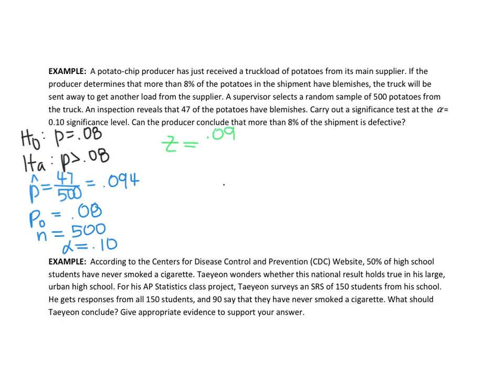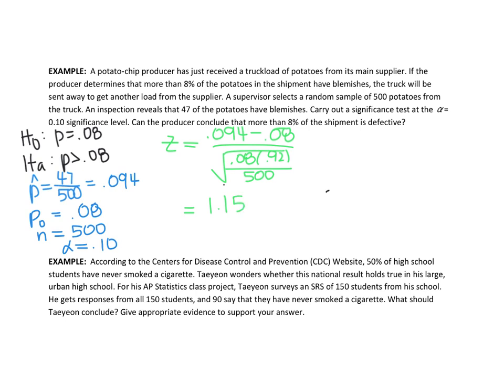So we take 0.094 minus 0.08, divide it by the square root of 0.08 times 0.92, all over 500. And we get 1.15.